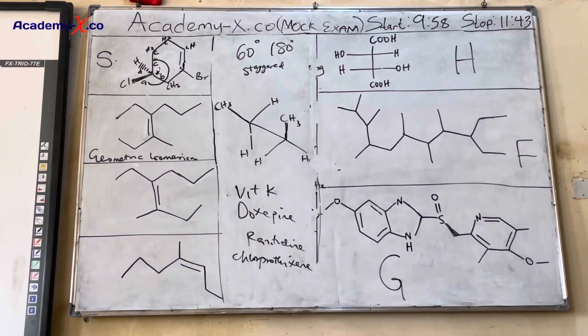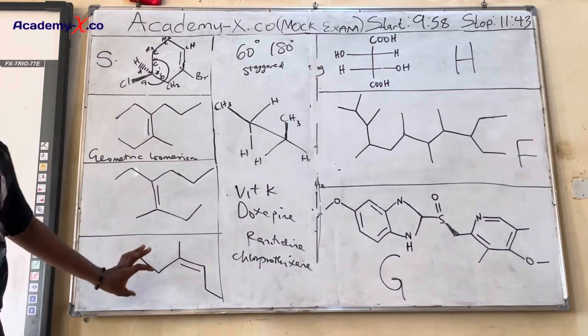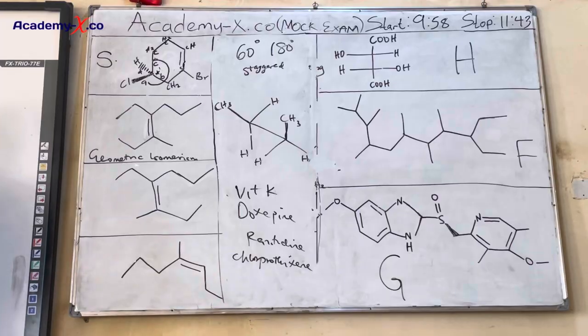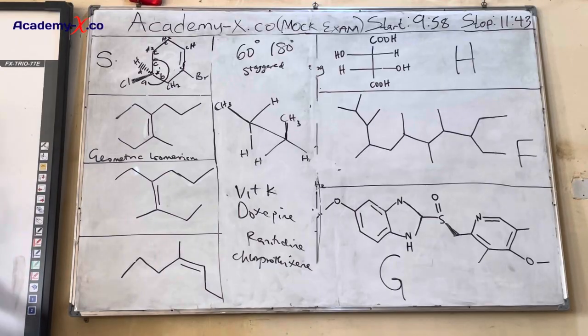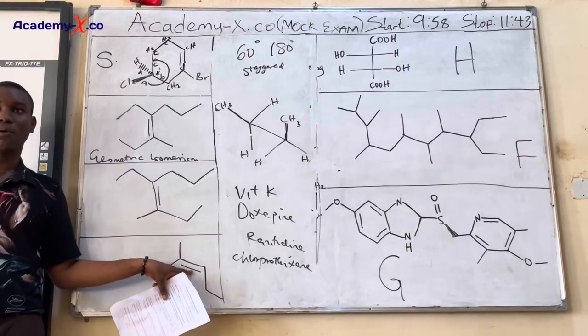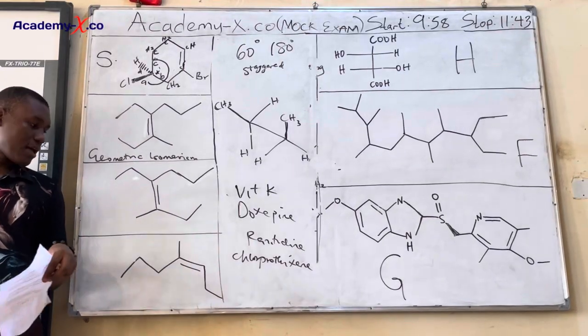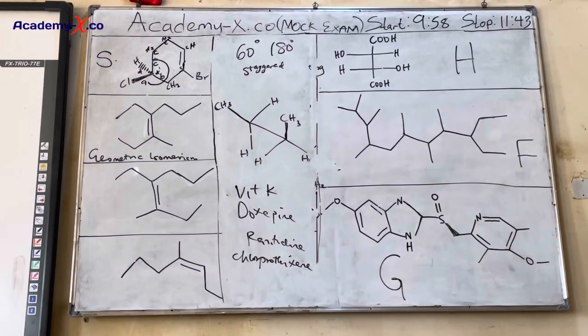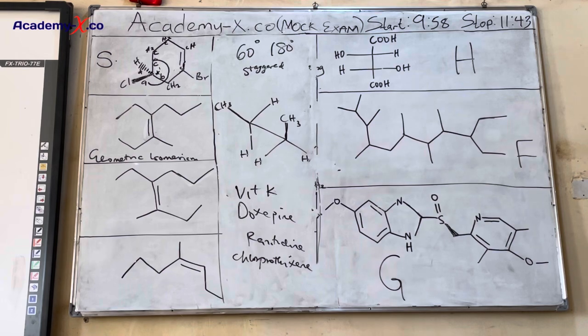So they now say assign E and Z to this particular diagram. Most people, I will say most people are getting it actually. Assign E and Z. Now let us see how we can assign E and Z. Where is the double bond? Now, at a particular double bond, you check the weight of the substituents.